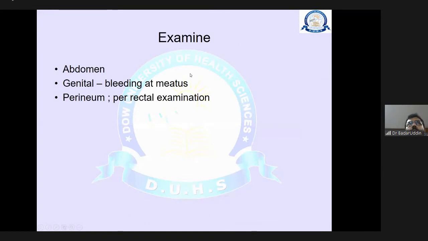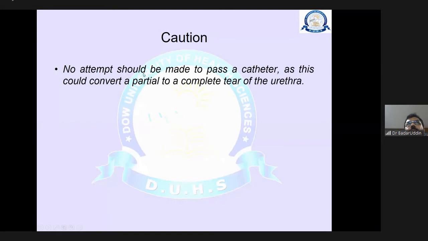This is important, and we must understand that we should prevent further damage to the urethral structure. So examine all this: abdomen, genitalia, perineum, and do a per rectal examination to sort out rectal injuries. Once you find bleeding at the meatus, don't put a catheter. You can do suprapubic catheterization, but no attempt should be made to pass a catheter.